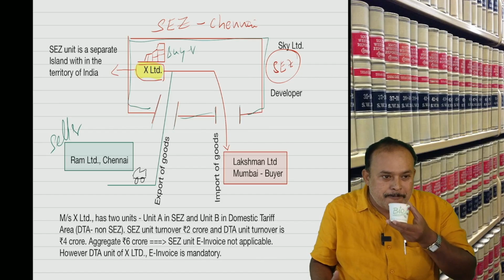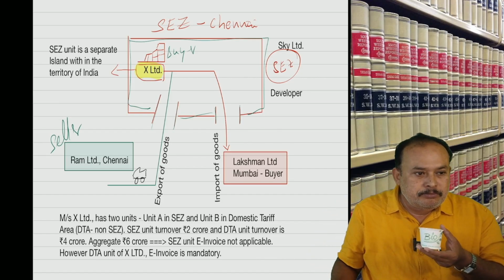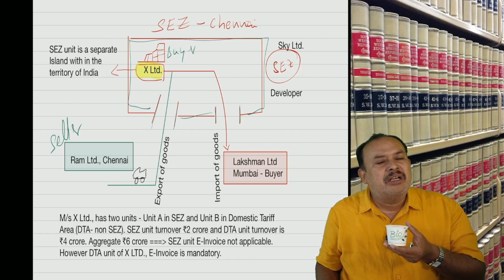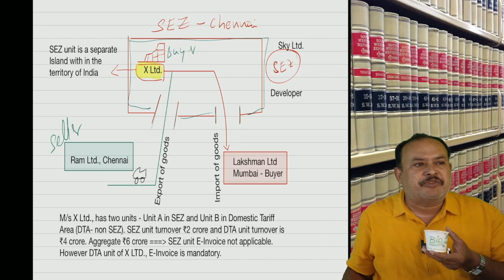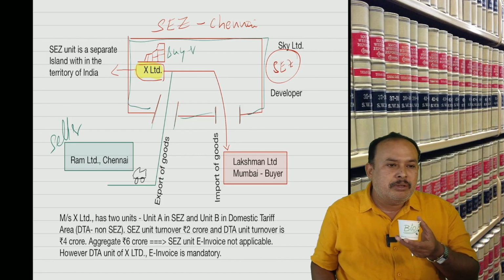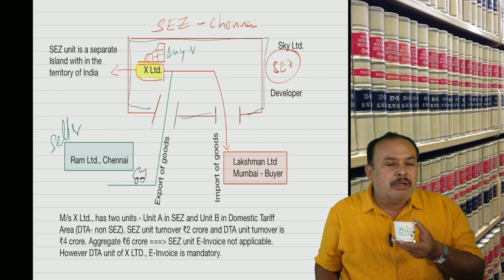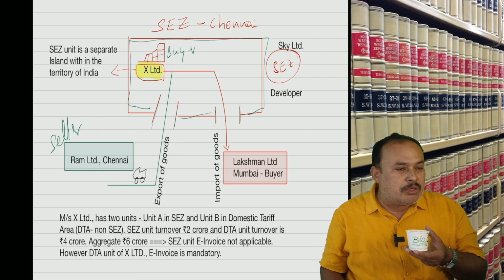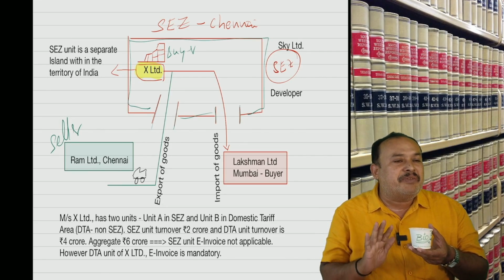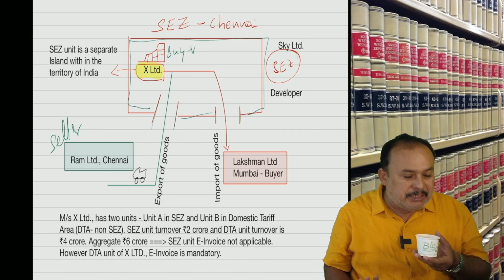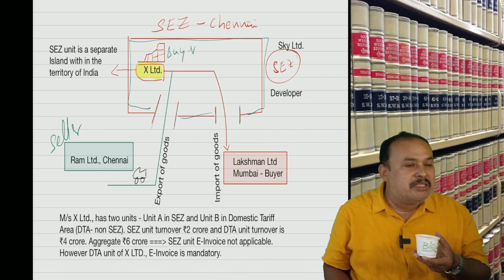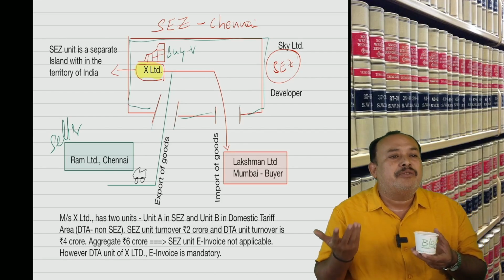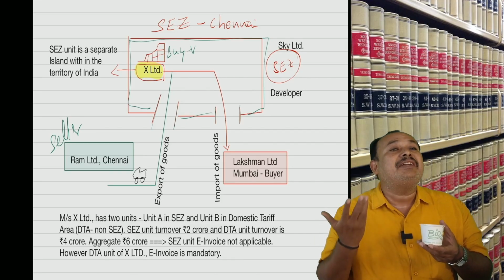So here it speaks about the definition of e-invoice, not aggregate. There is no definition for e-invoice, first of all. I am not talking about the definition of e-invoice. Point number one, very clear, because there is no definition for e-invoice. E-invoice becomes mandatory if the turnover exceeds 5 crores. How to identify the turnover?